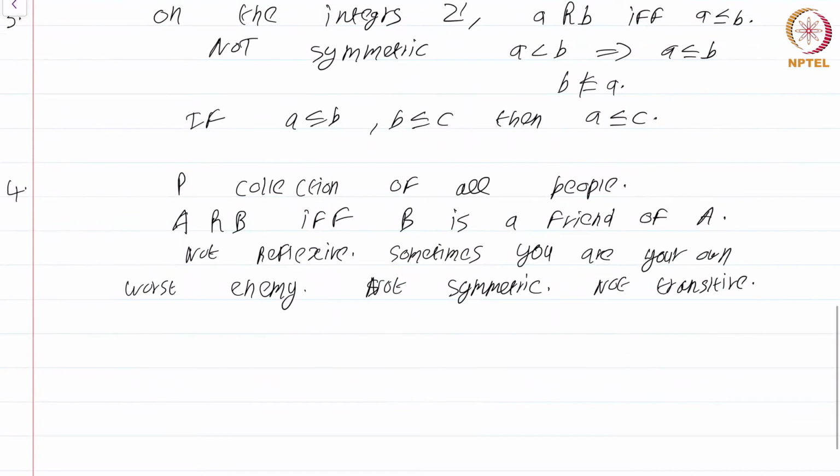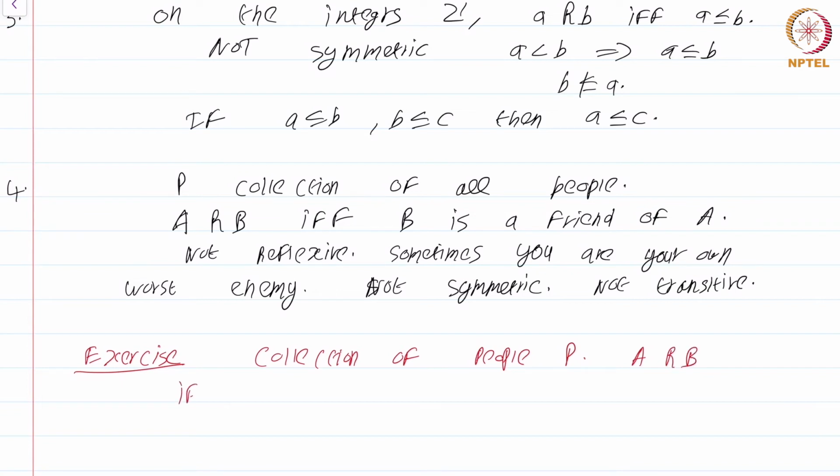Let me give you an exercise for you to solve. Again, consider the collection of people P, and put a relation R where person A is related to person B if and only if A and B share a biological mother or father.